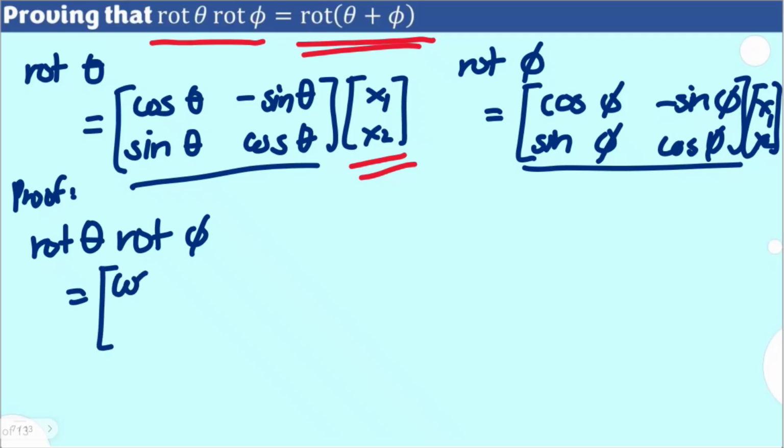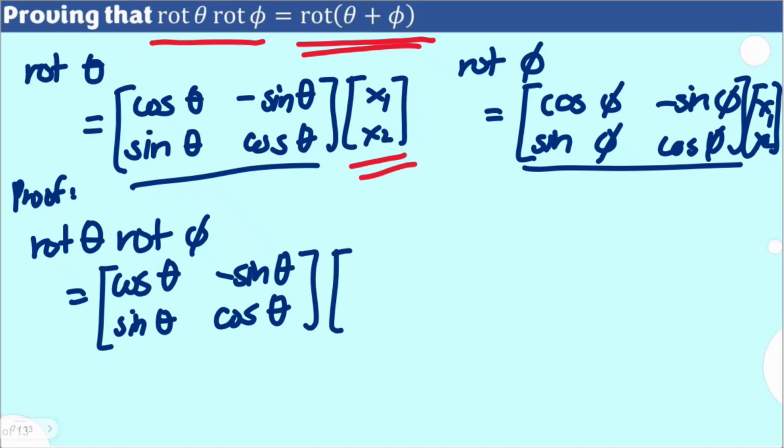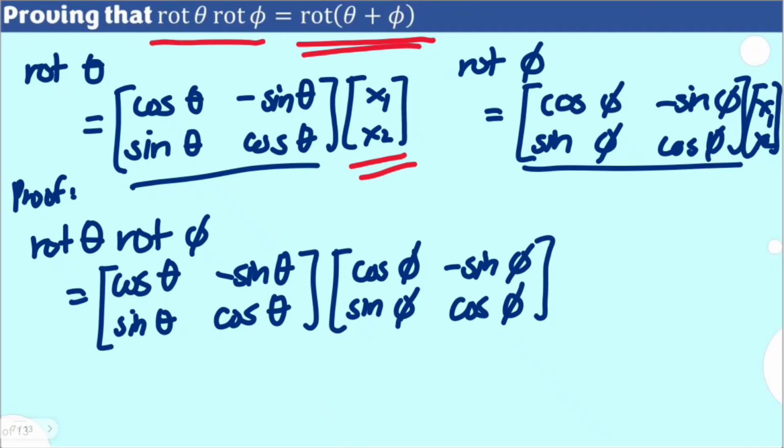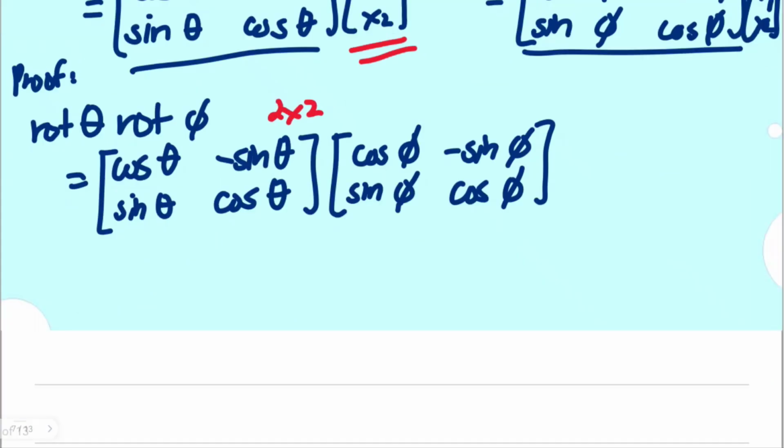You have cosine theta, sine theta, minus sine theta, cosine theta, to be multiplied with cosine phi, sine phi, minus sine phi, cosine phi. Let us show it here. Since this is a 2 by 2 matrix, and that one is a 2 by 2 matrix as well, their product is also a 2 by 2 matrix. Let's show that to be true.